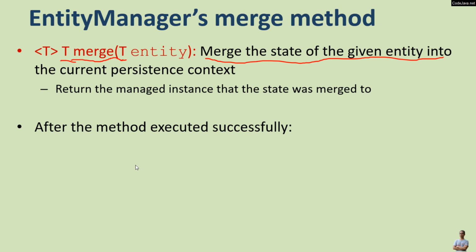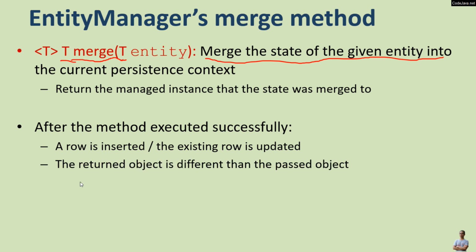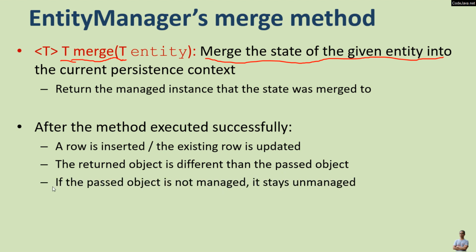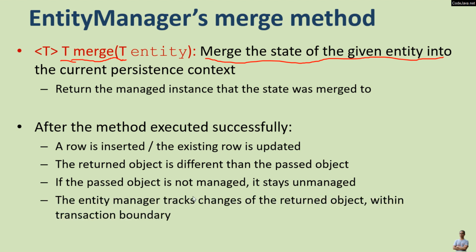After the method executed successfully, a row is inserted or the existing row is updated in the database, and the returned object is different than the passed object. And if the passed object is not managed, it stays unmanaged, and the entity manager tracks changes of the returned object within the transaction boundary.